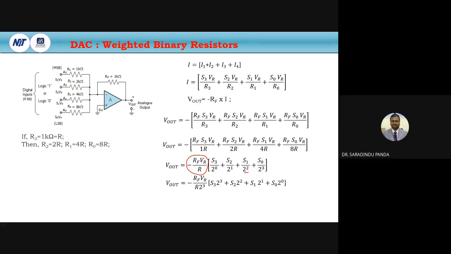Now if we take 2 to the power of 3 common, because 2 to the power of 0 is equal to 1, then we can write S3 2 to the power of 3, S2 2 to the power of 2, S1 2 to the power of 1, S0 2 to the power of 0.